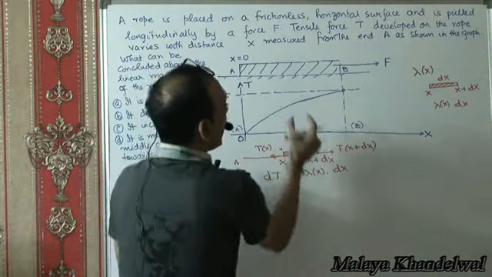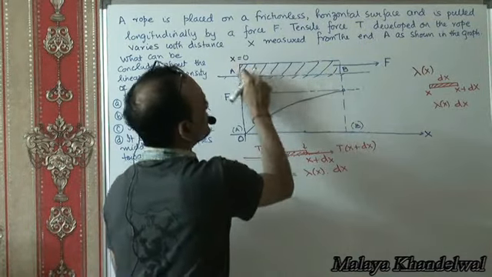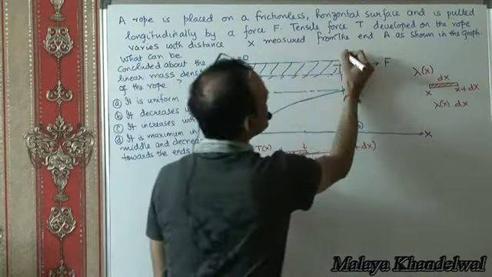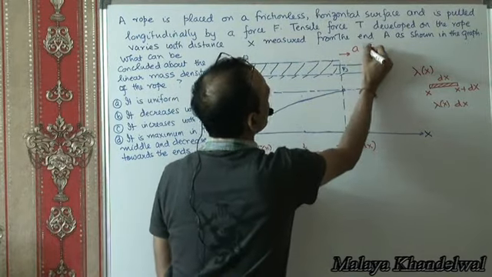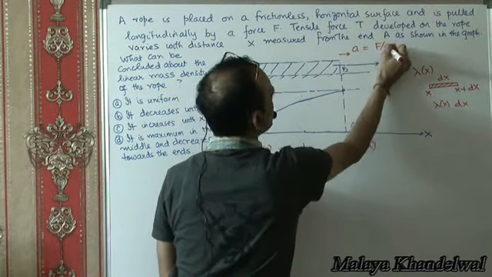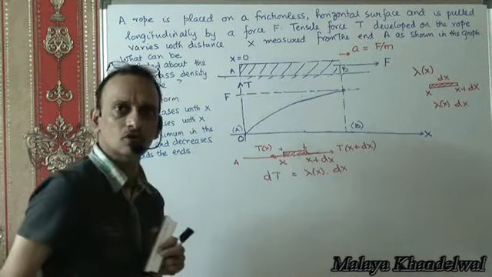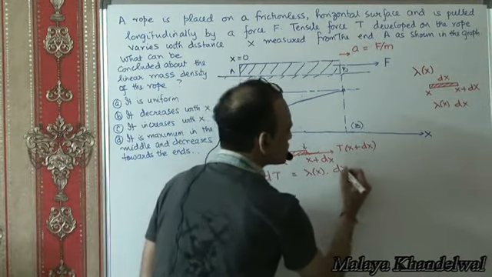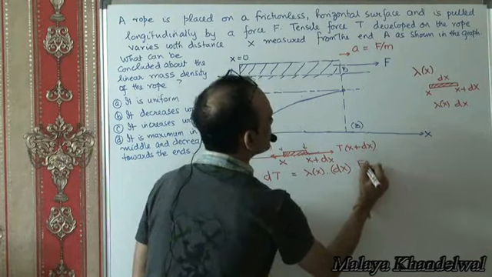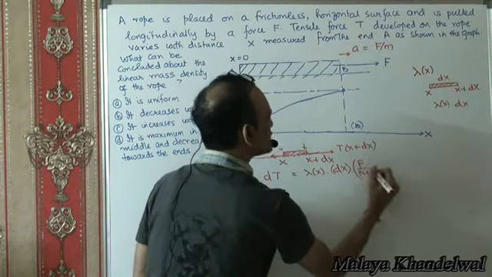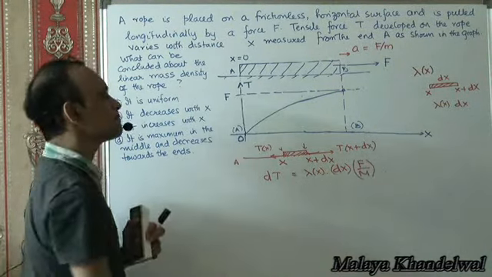Now, the acceleration of every segment will be the same as the acceleration of the bigger rope, which is F by m, F divided by the total mass of the rope. That's going to be the acceleration, right?